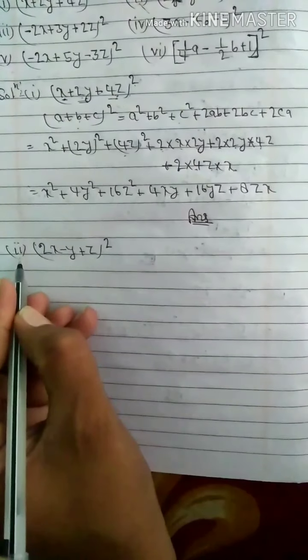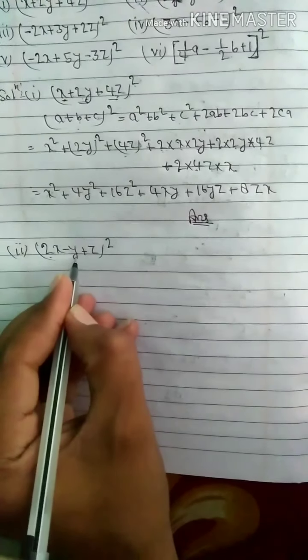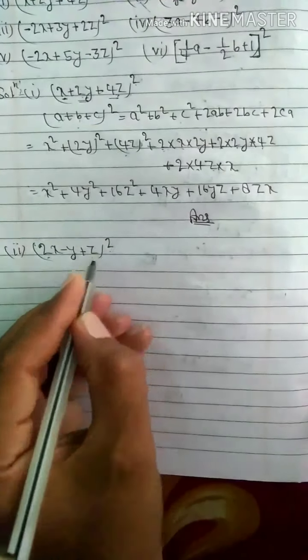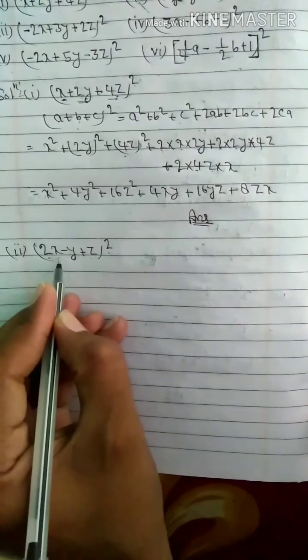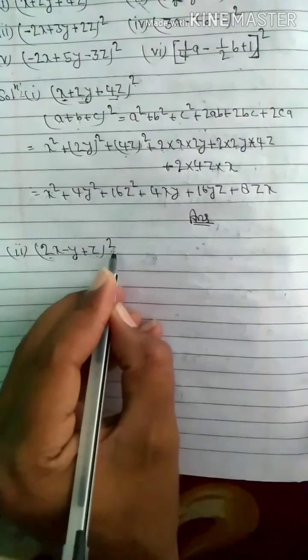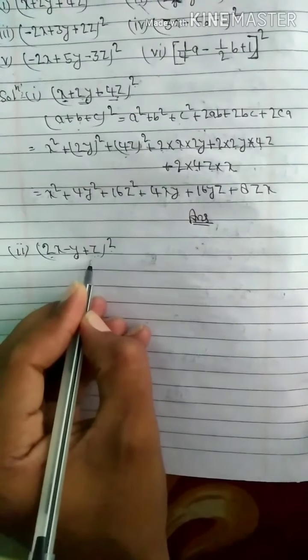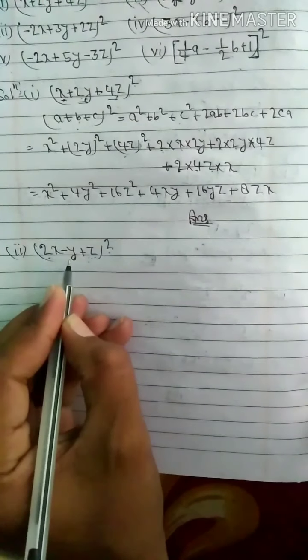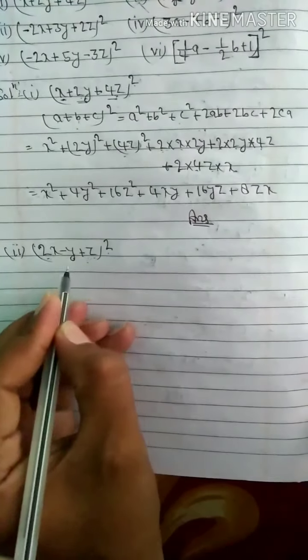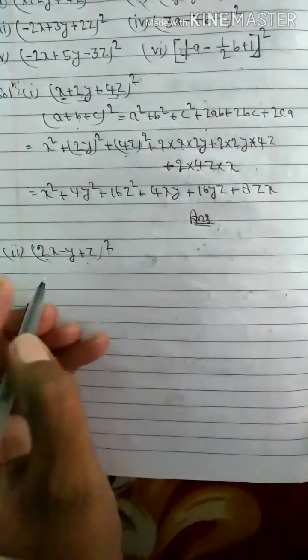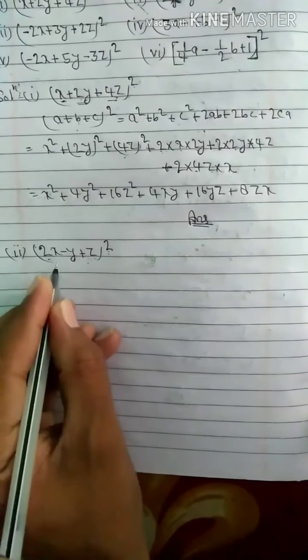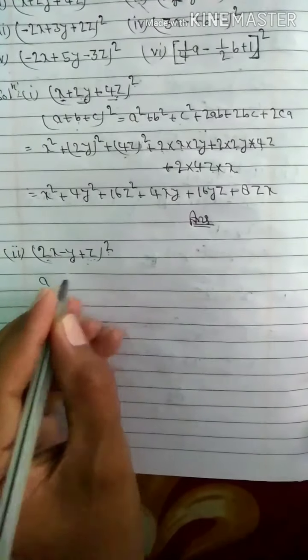See the second part of the fourth question, (2x − y + z) whole square. And now here it is given that this expression is in the form of (a − b + c) whole to the power 2. But we know the formula (a + b + c) whole square. So first of all we will convert it into (a + b + c) whole to the power 2.